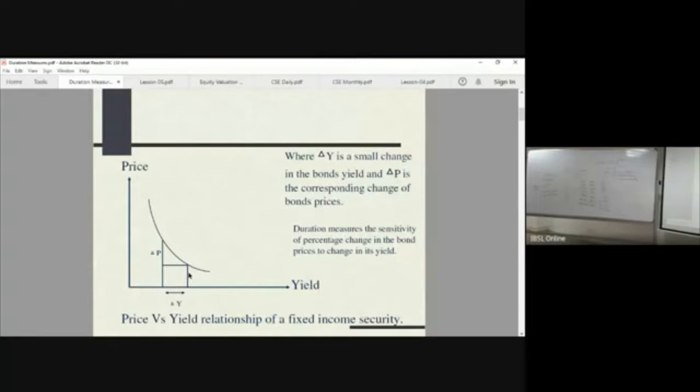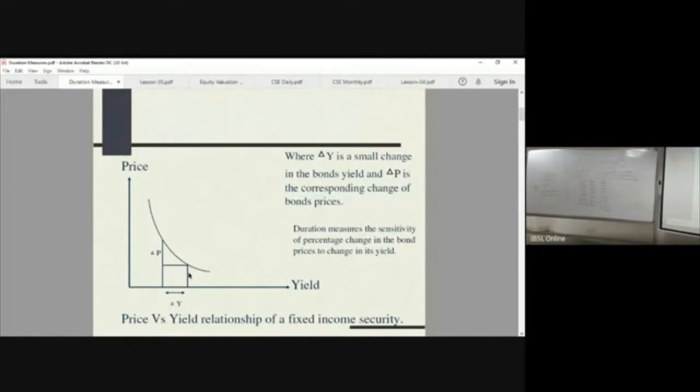Now, I will show you two curves and you can gather what I am telling you. This is curve number 1, curve number 2. Which curve has the higher curvature? Number 1 or number 2? Higher curvature.